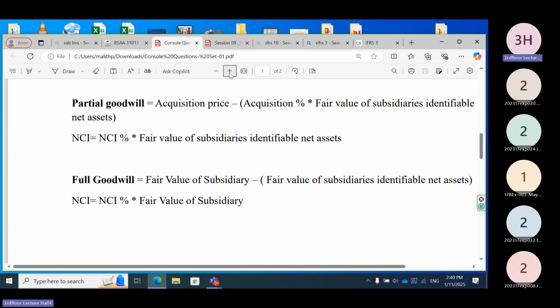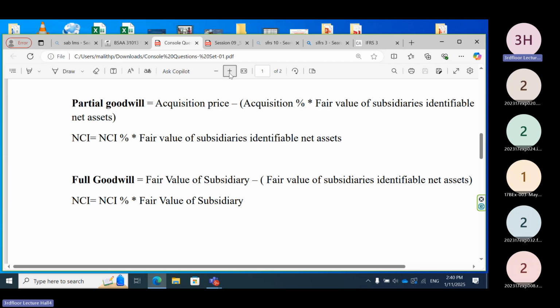How are you going to show that in the debit credit entries? Cost of control account. This is a temporary account, like a T account with debit and credit.